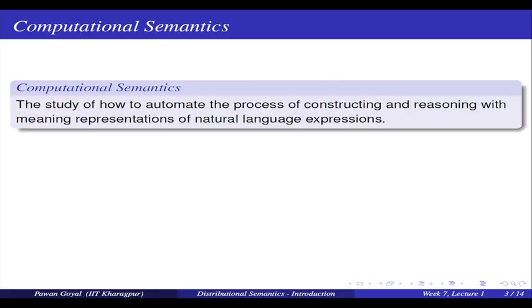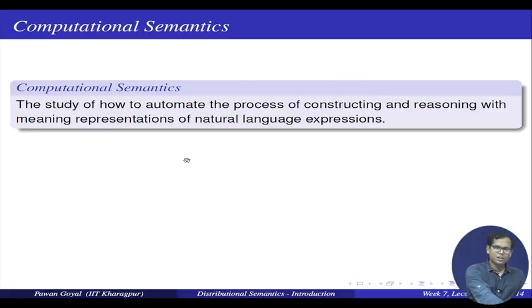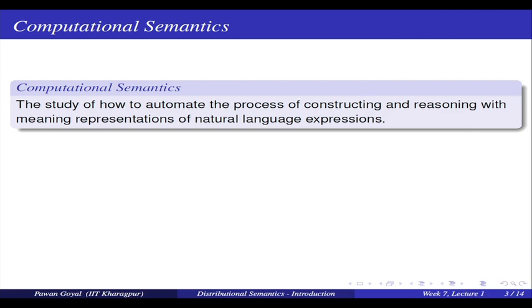How machines can interpret some sort of semantics, and that's where the idea of computational comes in here. Computational semantics in general is the study of how we can automate this process of building these semantic representations and also reasoning with them.